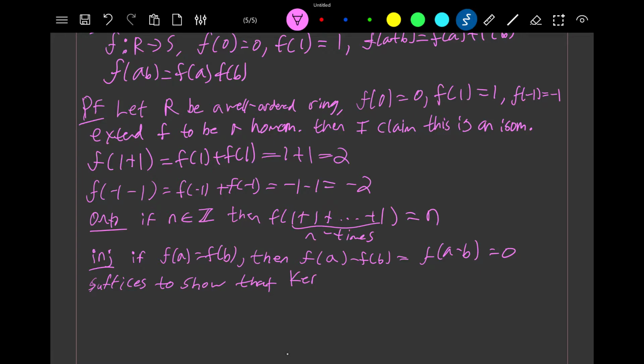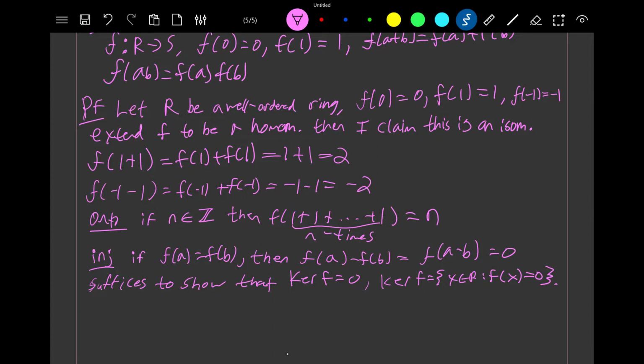what we'll call the kernel of f is 0, where this is everything in R that gets mapped to 0. And it's clear that 0 gets mapped to 0, but what's not clear is how do we know that there's not some other element that does not get mapped to 0?